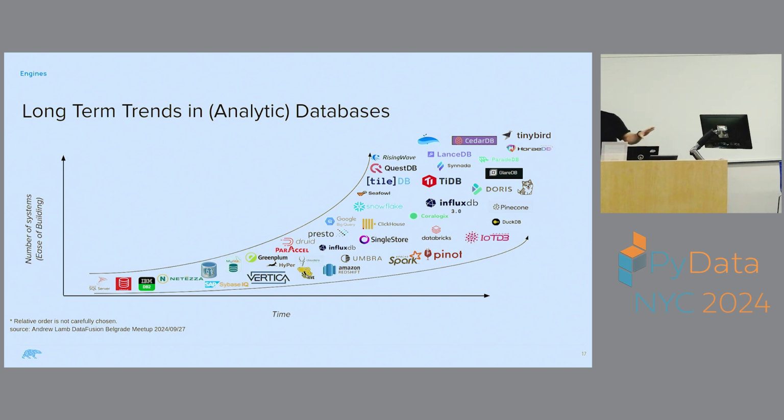If we look at the long-term trends in databases, this graph I borrowed from Andrew Lamb from DataFusion. You see that there are tons of databases over time. And there are a lot of databases because every database focuses on something different, and you have trade-offs. If you're really good in OLAP, you cannot be really good in transactional. You need immutable data to be very good in OLAP.